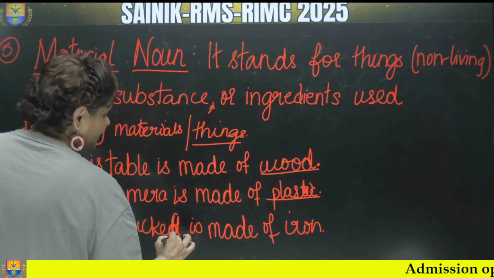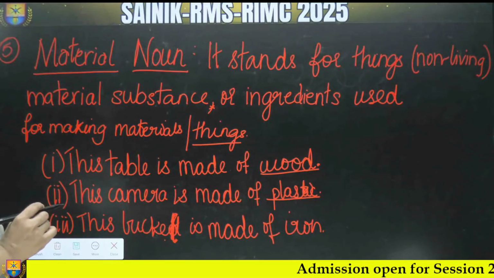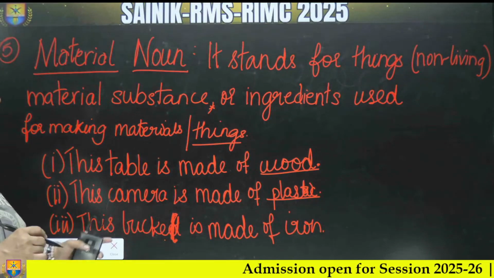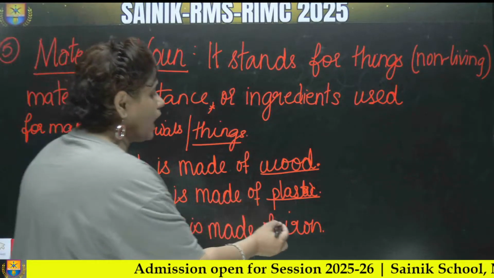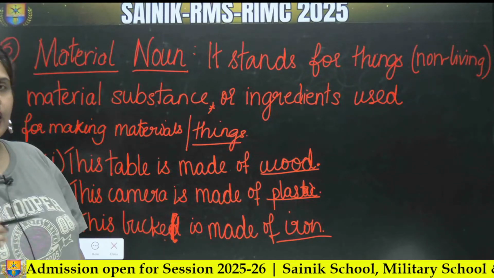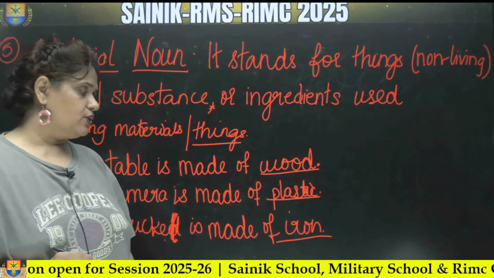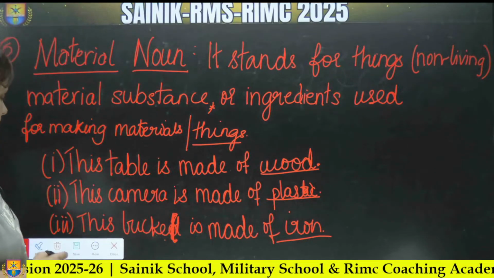Now what do we underline? Bucket? No. Bucket is your common noun. It's a thing. But what material is it made of? So the material noun underlined in this is to be your iron. The word iron is the material noun.